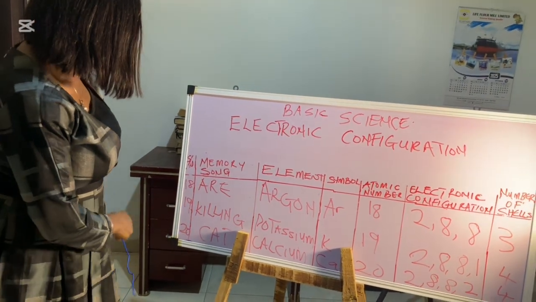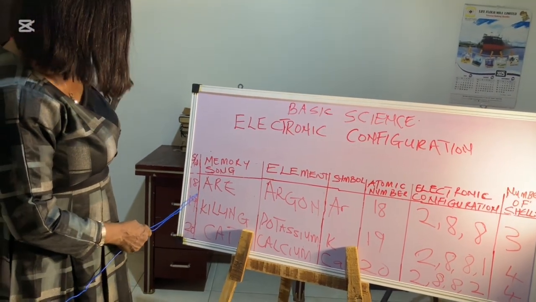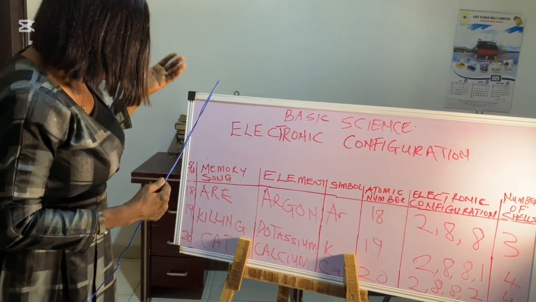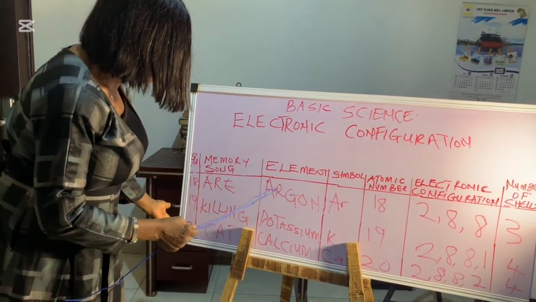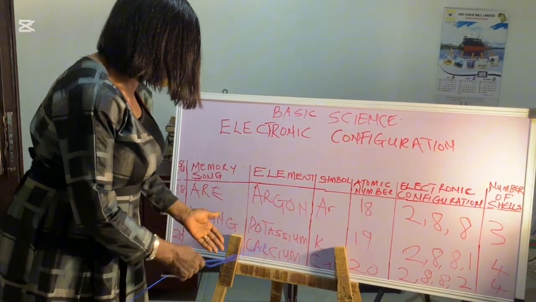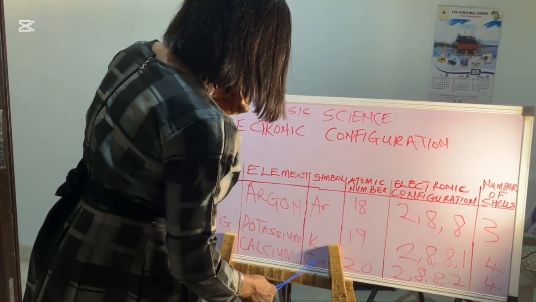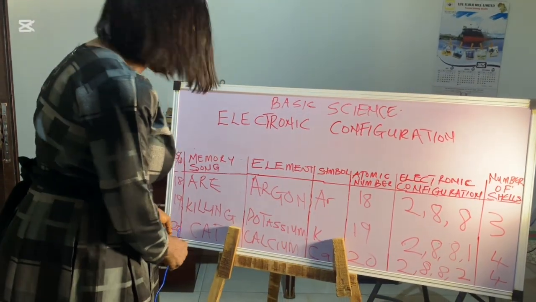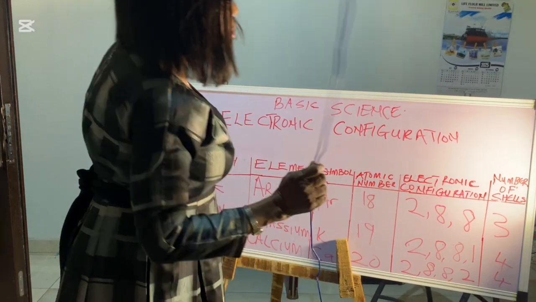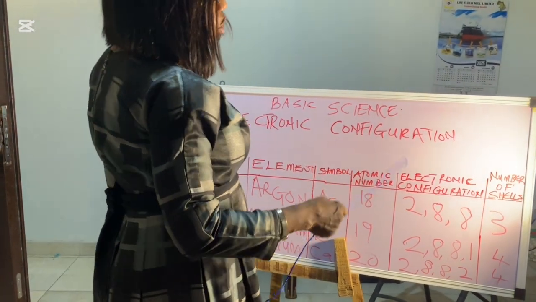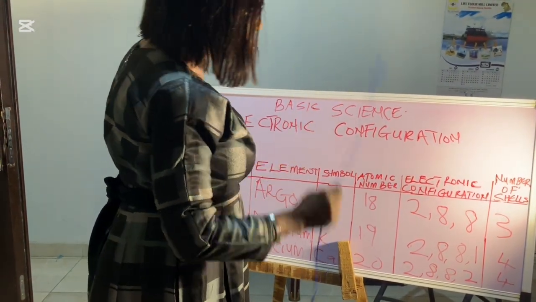Remember, cat is not part of chemistry, but it's just a song that helps us to remember that Ca is the last element, which is calcium. The symbol for calcium is Ca, and number 20 means that it has atomic number 20 and 20 electrons. Now, this brings us to how the electrons will be distributed in the shells around the nucleus.